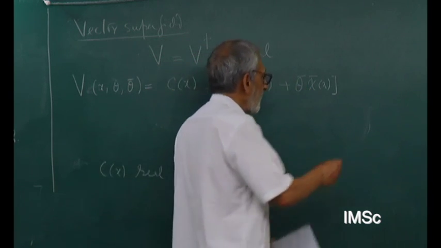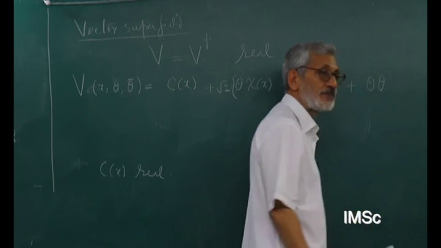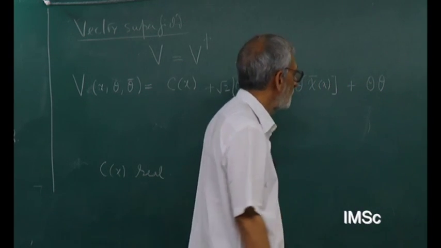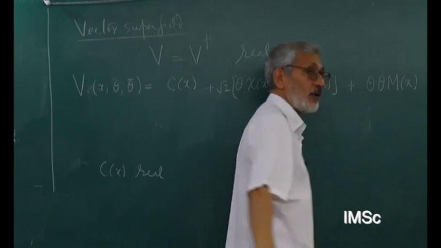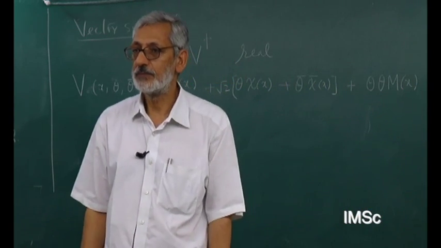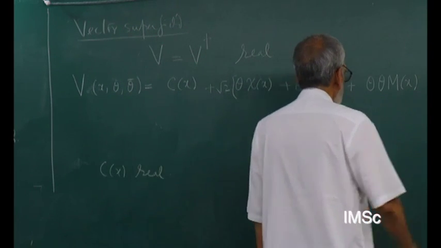Then I take 2 thetas. And M, the field, I call it M of x. Now this is not real.